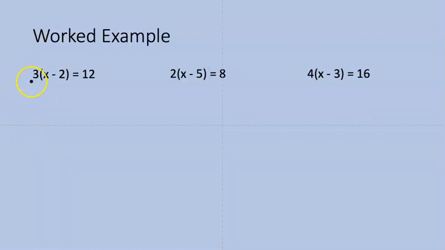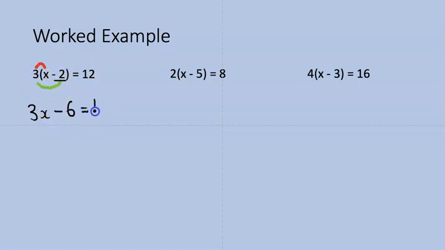Now this time the example we're going to have a look at is what if there's a minus in there? And the answer is you deal with it exactly the same way. 3 times your x and 3 times your minus 2. And note when you expand this bit, you're going to multiply 3 by minus 2, not by 2. 3 times x is 3x. 3 times minus 2 is minus 6.